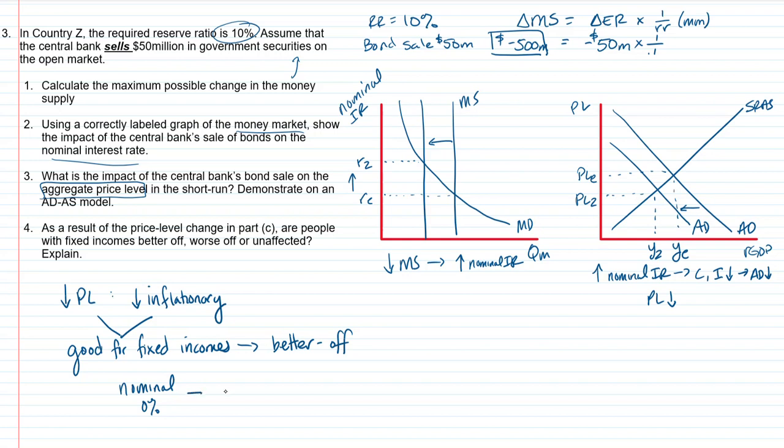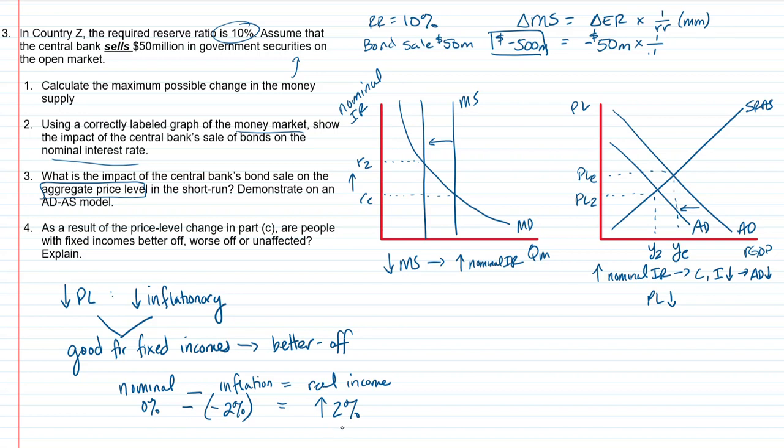But to find the real value of someone's wealth, we have to reduce or remove the change in prices. So we have to remove the inflationary change. So a nominal value, 0%, minus a negative value, potentially a decrease of 2% in expected inflation, means that the real value of this person's income and the real value of this person's wage is going to increase by 2%. 0 minus -2 is 2%.